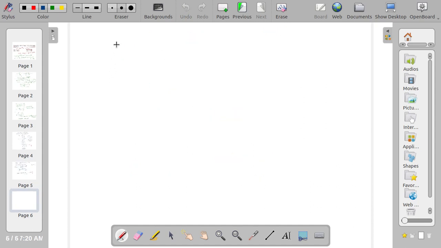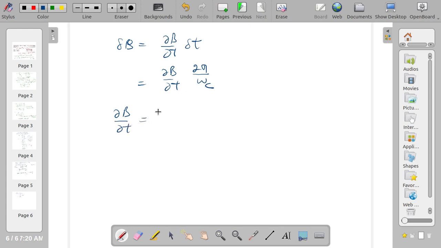Now again, try to find out the change in magnetic field, which is nothing but curly B over curly T into delta T. Delta T can be expressed in terms of Larmor frequency. So from here, curly B over curly T can be expressed as omega C over 2 pi into delta B.